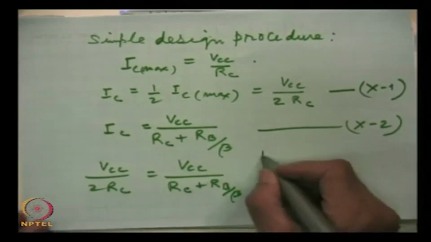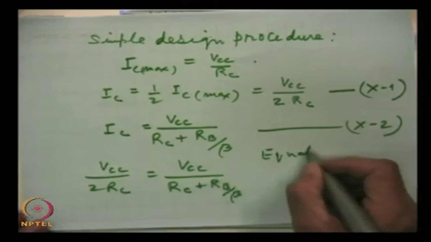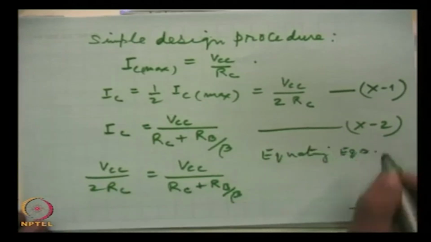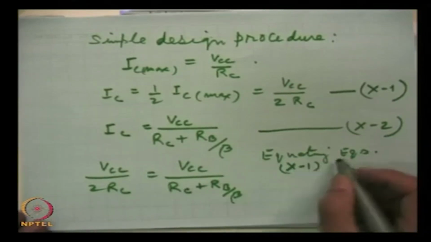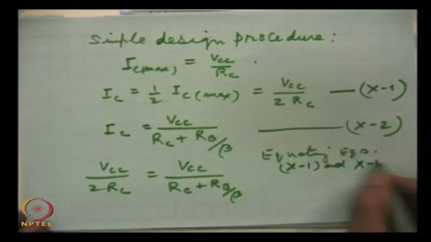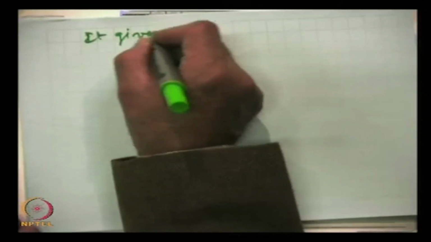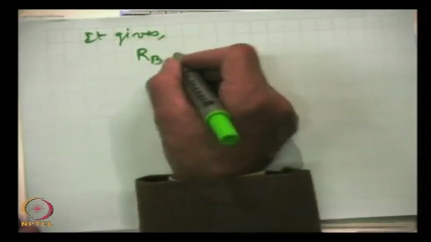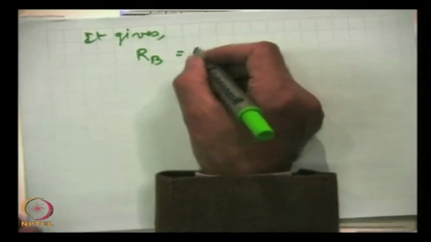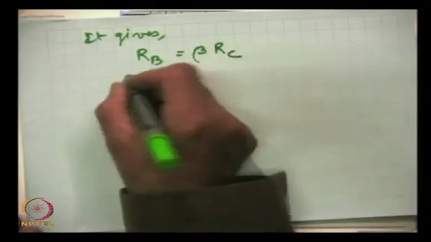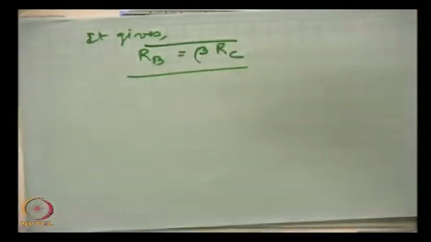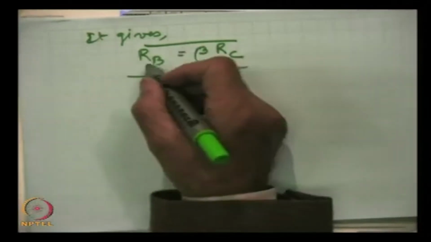This we have obtained by equating equations x 1 and x 2, and simplifying we get a relationship RB equal to beta RC.